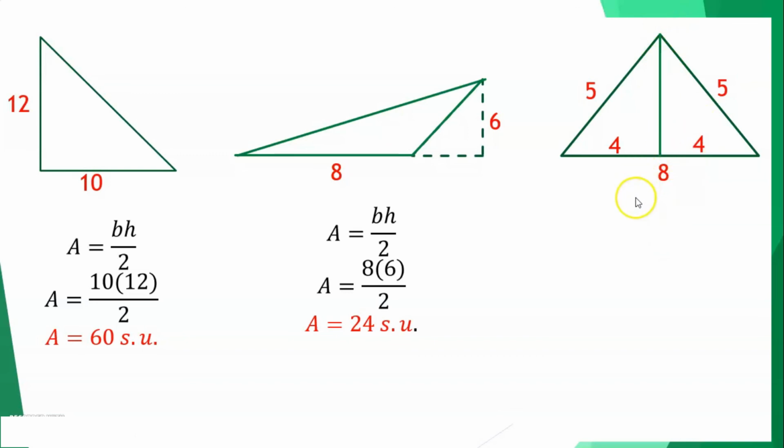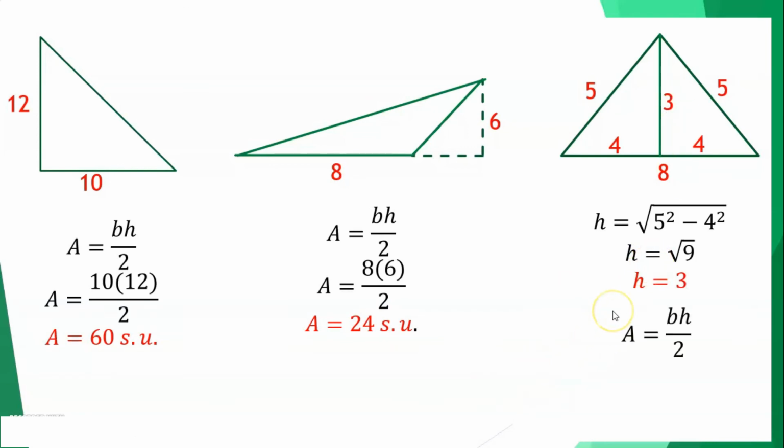So with that, we can solve for the height as 5 squared minus 4 squared. So that would become 9. Get the root, so that would become 3. So the height here is 3. So to solve for the area, that's base times height divided by 2. So the base is 8 and the height is 3, divided by 2. So with this, the area here is 12 square units.